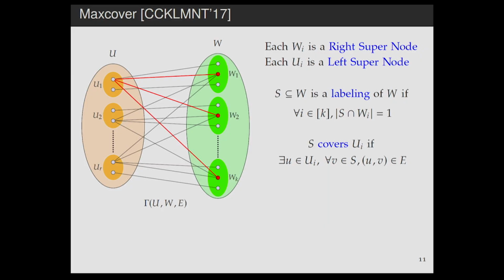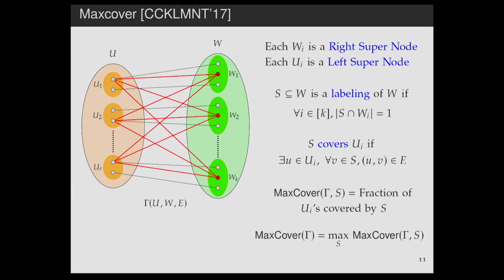And in fact, if you look at it, you see that this labeling covers all the supernodes on the left here. Okay, and what we want is to cover as large a fraction of the supernodes as possible. So we define the value of the labeling, which we write as max cover here, as the fraction of the supernodes on the left that it covers.